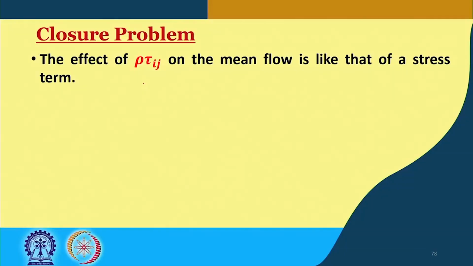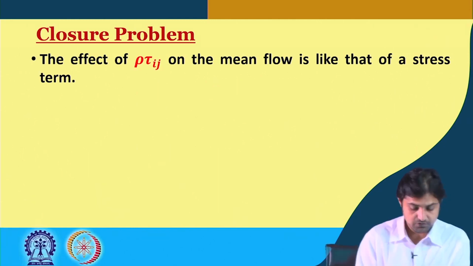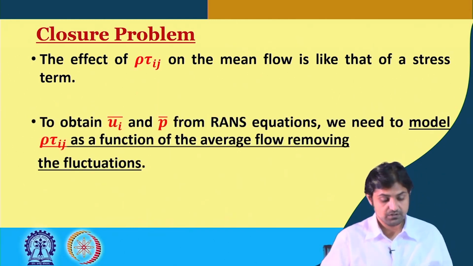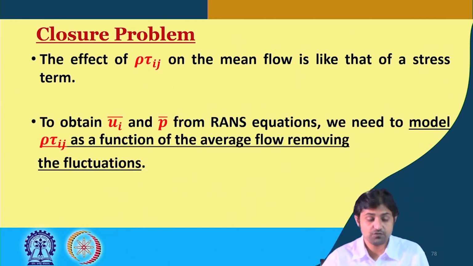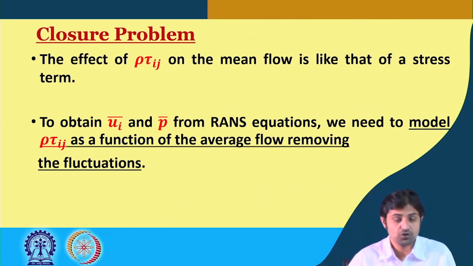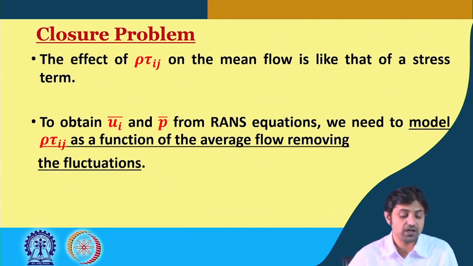So, I am going to write here that rho tau ij is the Reynolds shear stress. To obtain ui, the average flow velocities, and pressure from Rahn's equation, we need to model this shear stress rho tau ij as a function of the average flow.